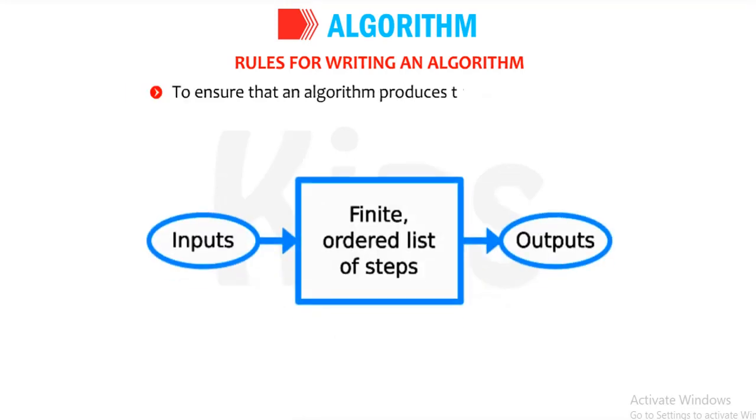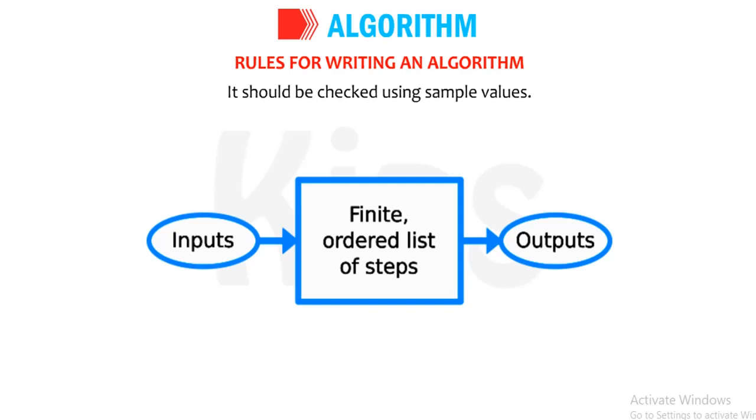To ensure that an algorithm produces an expected output, it should be checked using sample values. For example, I want to pass 8th standard, so there will be a first test, second test, third test. I know you are laughing now, because in online class there is no test.